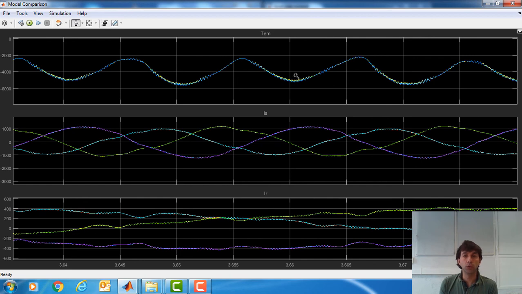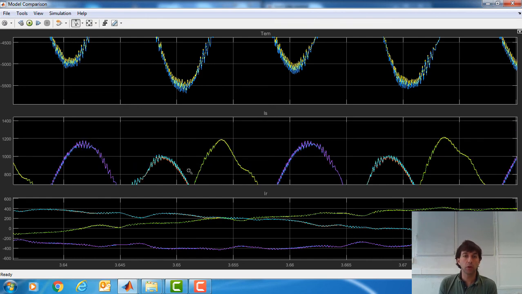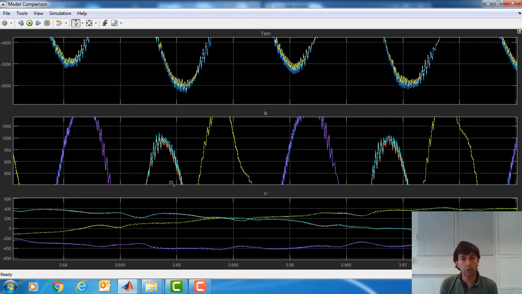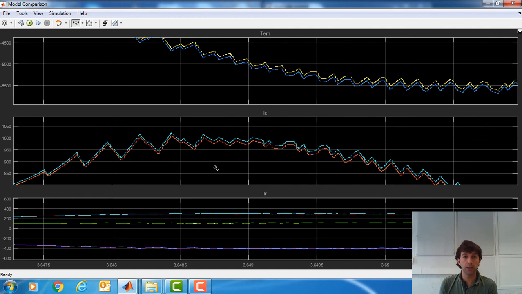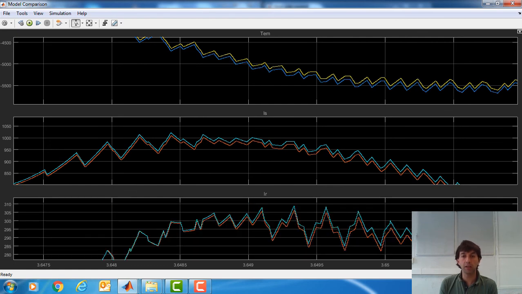Okay, we can do a bigger zoom. There it is, the difference. There is a short difference at the torque. And here we see as well, the stator currents, they are not exactly the same, but very, very near. And for the rotor currents as well, we have very big similarity.